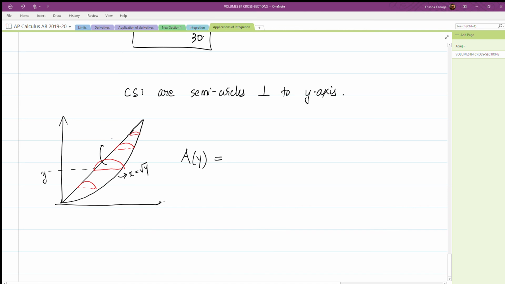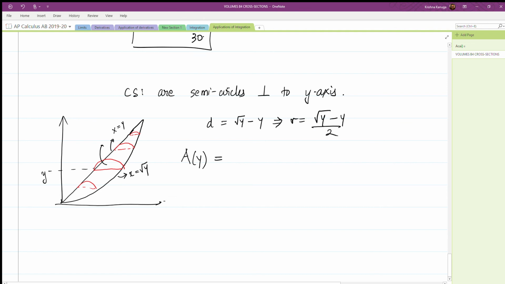The straight line we can still write as x equal to y. Clearly the parabola is above the other function, so the diameter of the semicircle is square root of y minus y, which implies that the radius is square root of y minus y, all over 2.